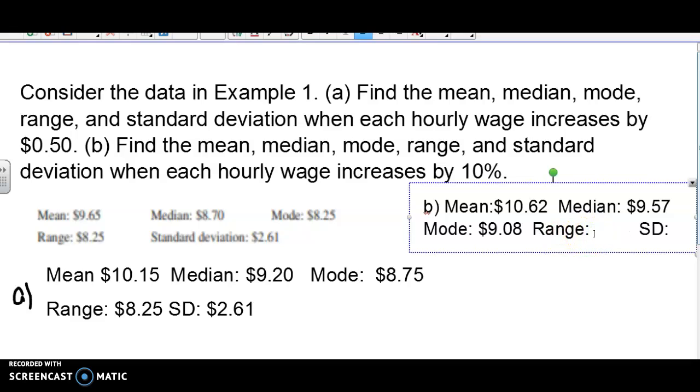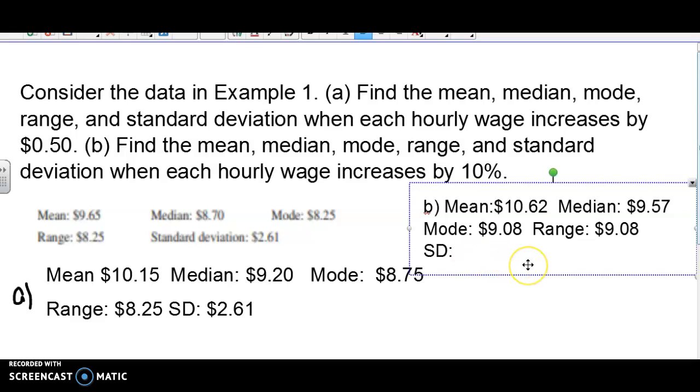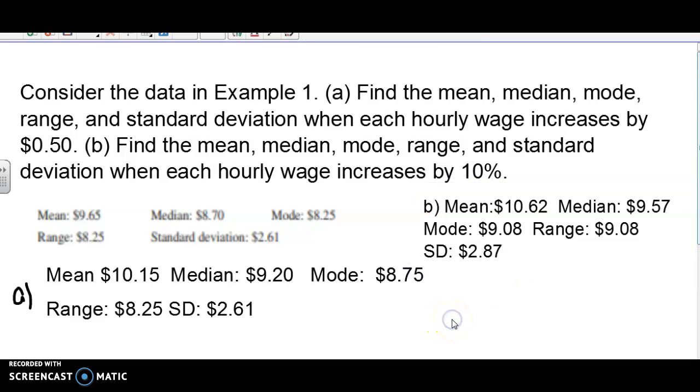The range would wind up being $9.08. And the standard deviation would be 2.61 times 1.1, which is 2.87, or $2.87.